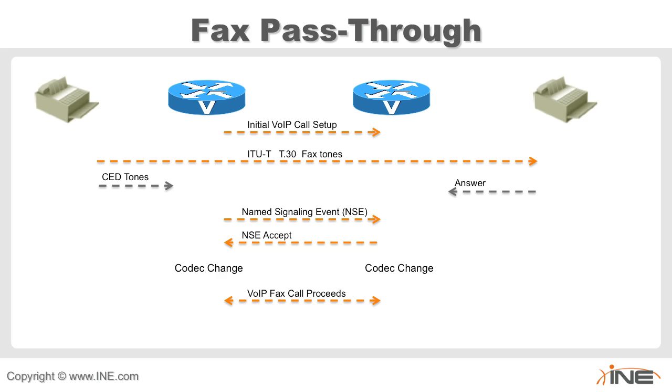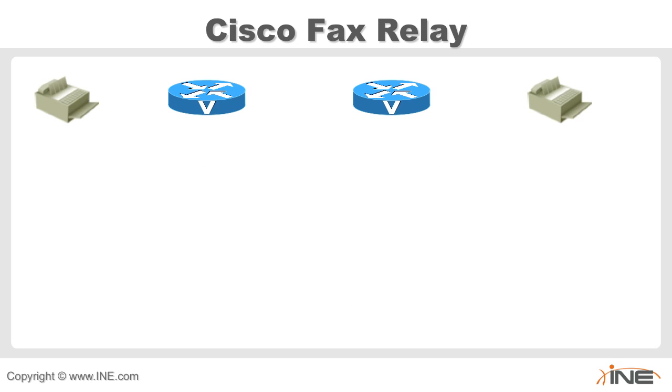A much more reliable way, Cisco Fax Relay. Okay, so the T.30 terminates at the router. The router sets up a VoIP call to the other side, and the terminating gateway signals the terminating fax through T.30 to set up the call. The CED tones, the endpoint identification, is what that is.